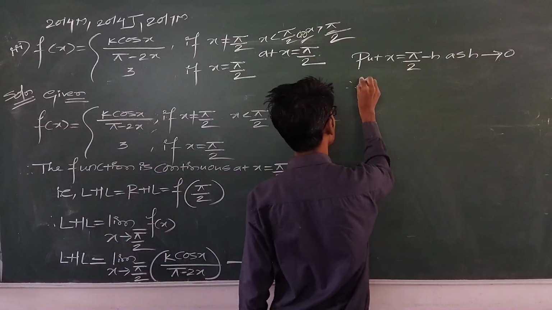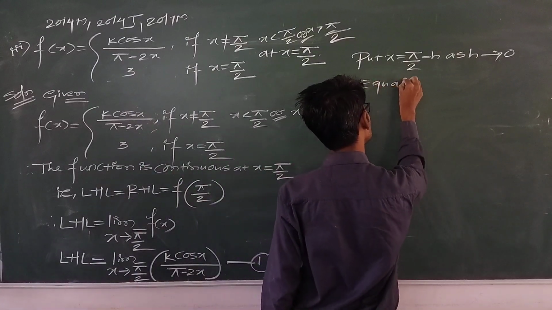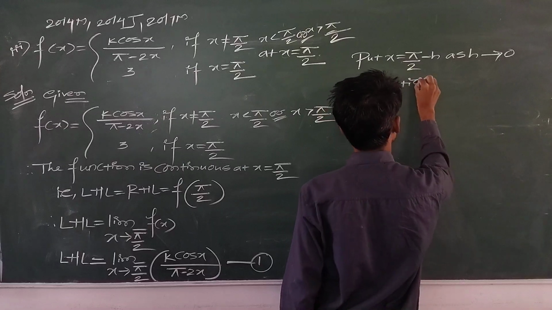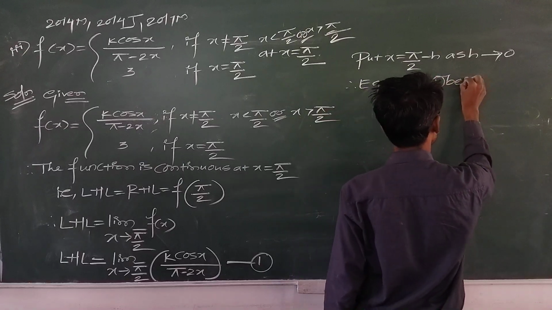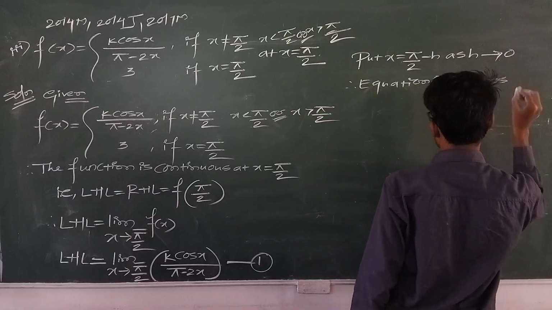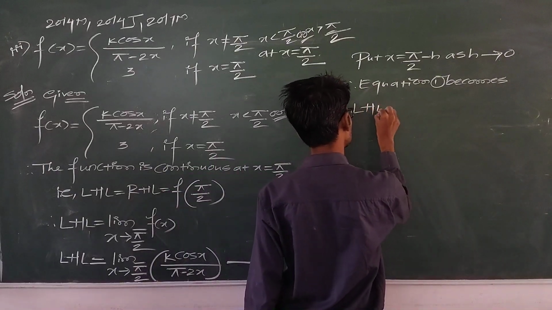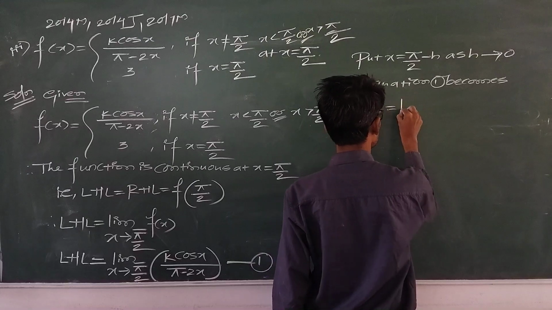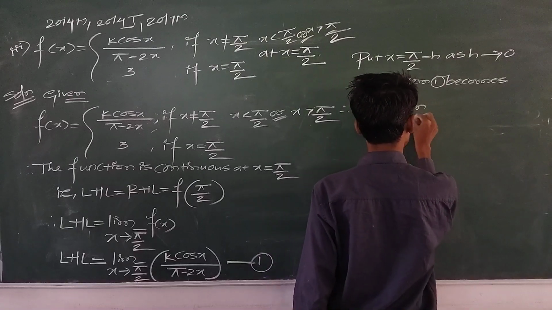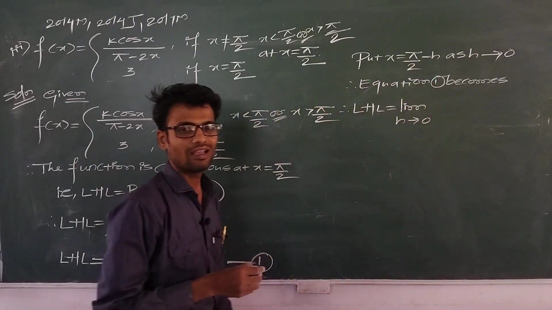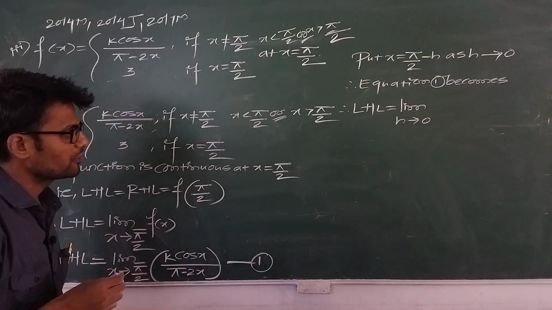So therefore I will write equation 1 becomes, the left hand limit is equal to limit of h tends to 0, because I am using the substitution method here. I am taking here the value of x equal to pi by 2 minus h.